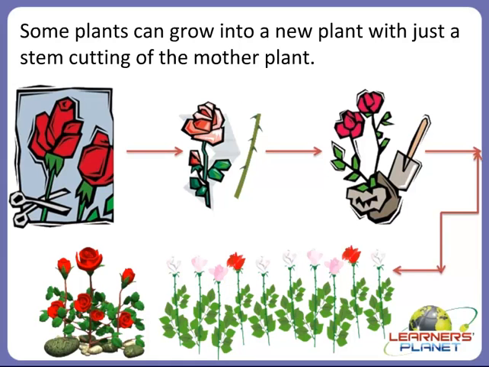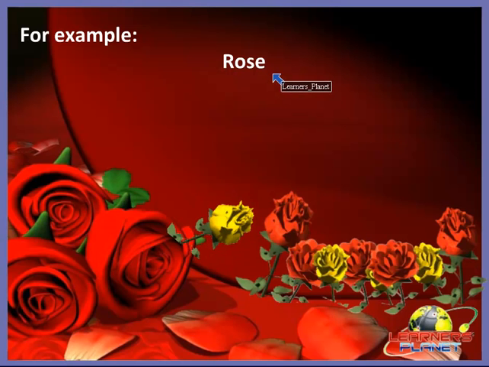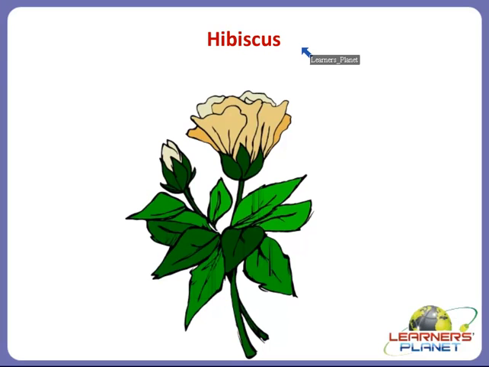Okay, children. So let's see some other examples also which grow into a new plant with the stem cutting of the mother plant. Yes, for example, we just saw rose, then hibiscus. Hibiscus is also a type of plant which grows with just a stem cutting of the mother plant.